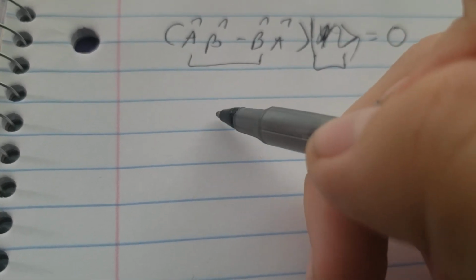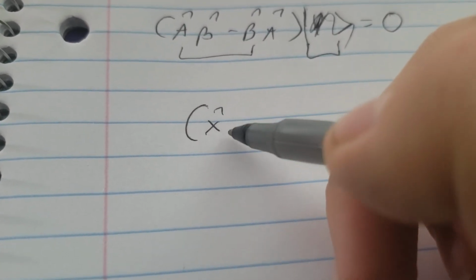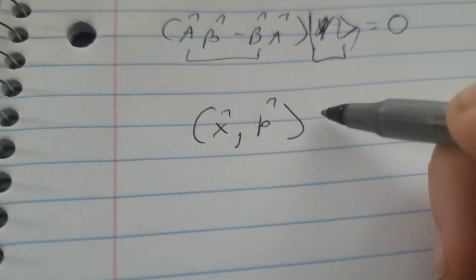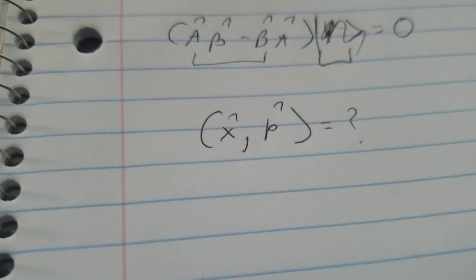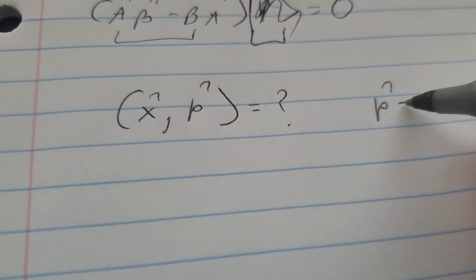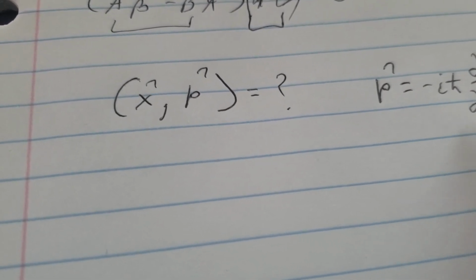For example, let's consider position and momentum. Let's say A hat is our position operator and P hat is our momentum operator. Let's take the commutator of these operators. Well, we defined our momentum operator as negative i h bar times the derivative with respect to x.